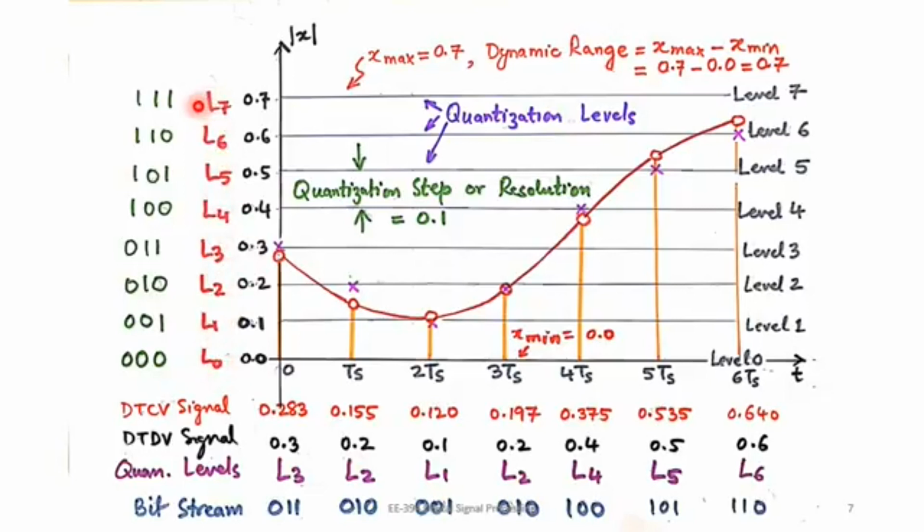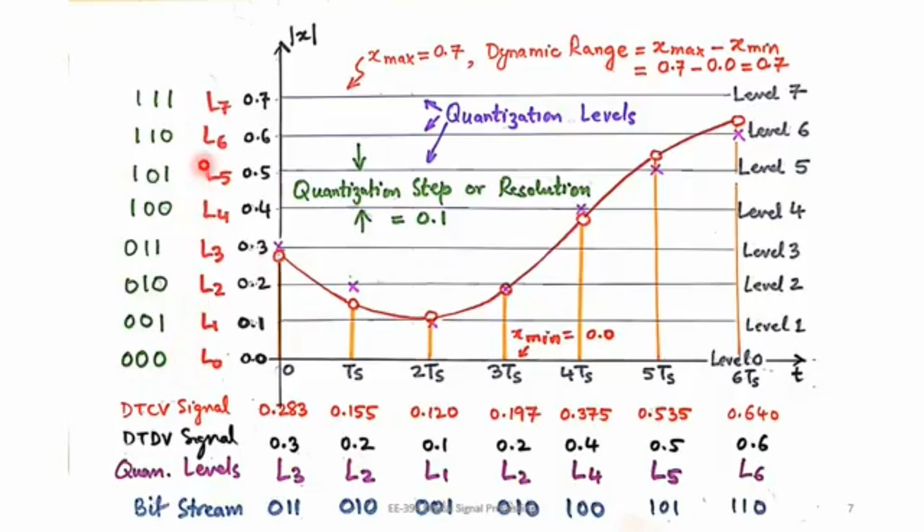Now to represent these 8 levels in binary format, we will require 3 bits per sample to represent all the levels completely.